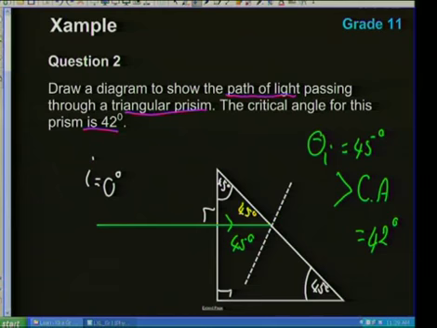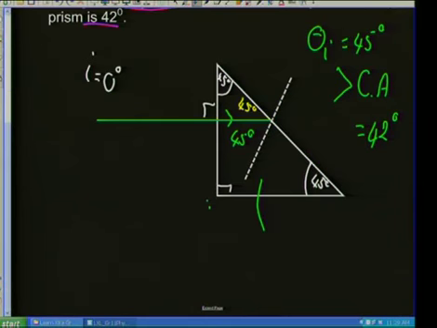Remember, if the angle of incidence is greater than the critical angle, total internal reflection will take place, if we're moving from a more optically dense medium to a less optically dense medium. What they should have told us, well, they kind of did with the critical angle idea, but they should have also perhaps given us the idea that this has a refractive index greater than 1,0. And this is in air and so on.